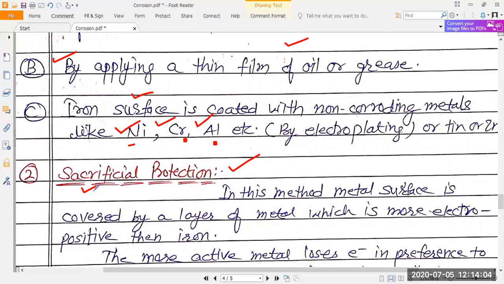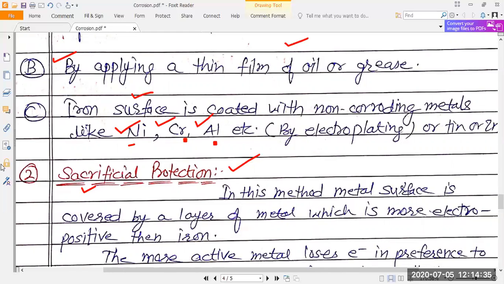Means if we want to protect iron articles, then a layer of more electropositive metal is applied on the surface of iron. More electropositive means the metal which is more active as compared to iron.